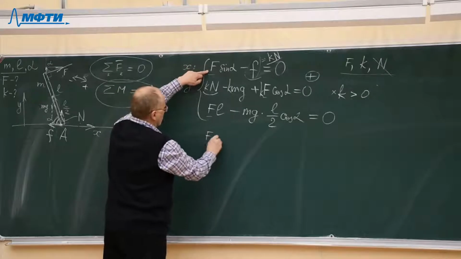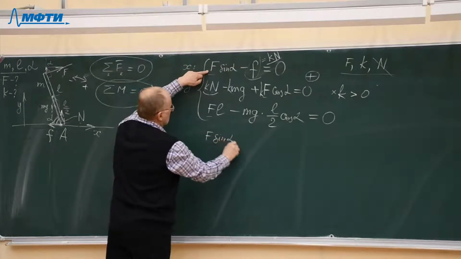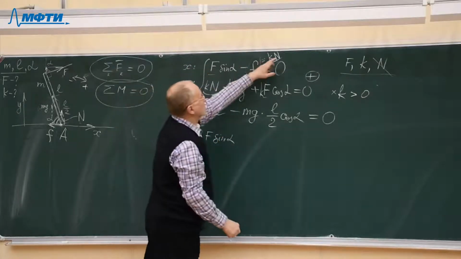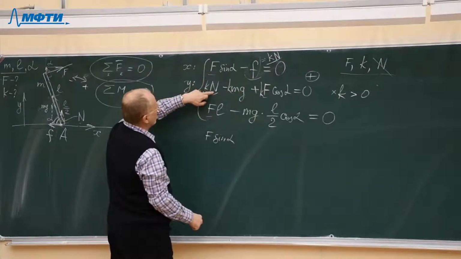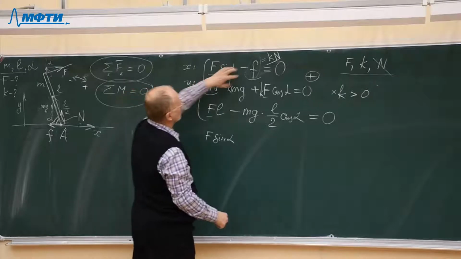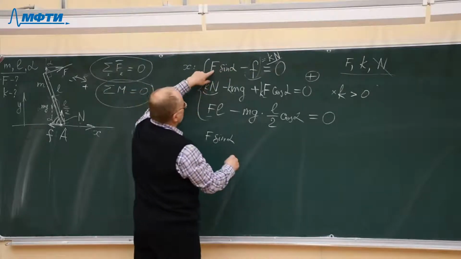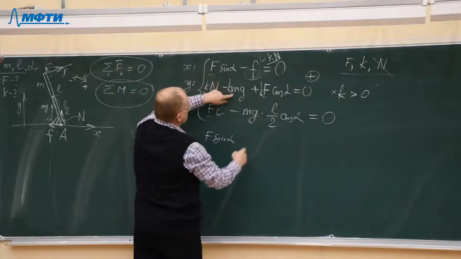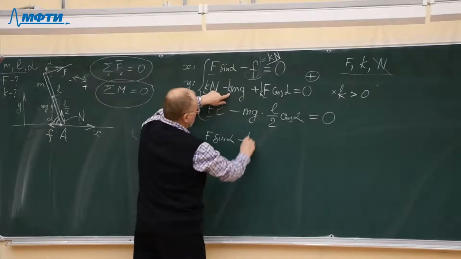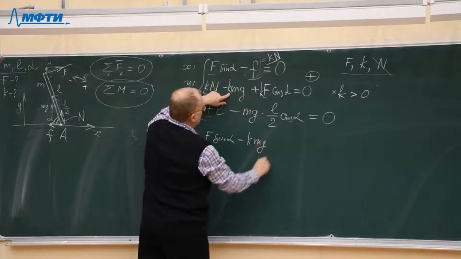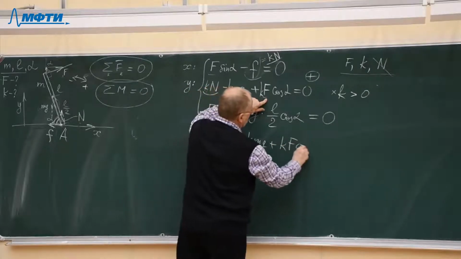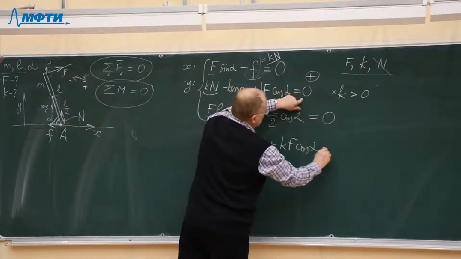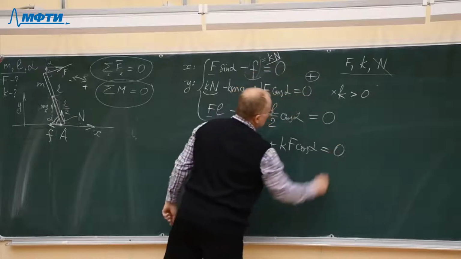The result will be F sine alpha minus Kn, but that will be balanced by plus Kn. So this term will cancel. And as we add 2 equations, we will have to write here minus Kmg and plus KF cosine alpha equals what? 0 plus 0.